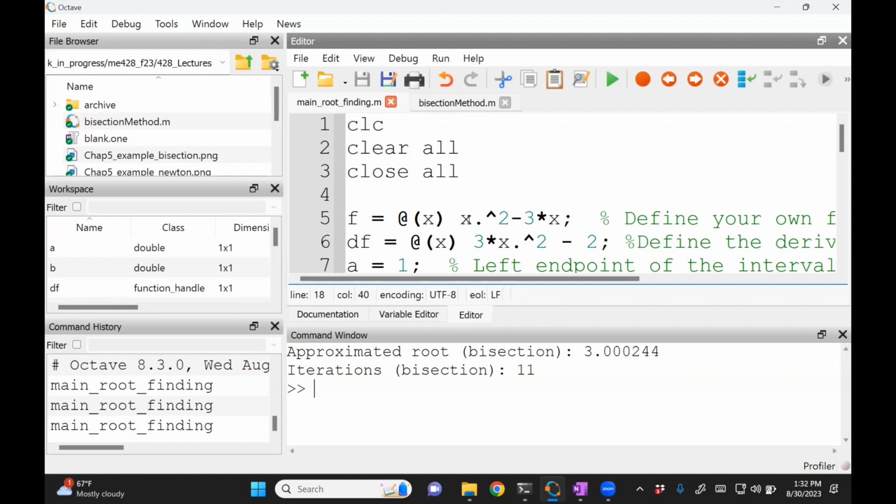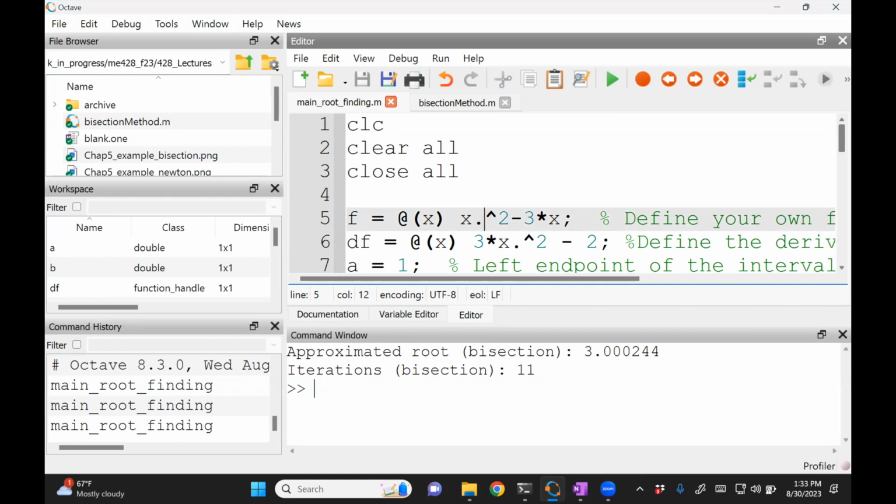The dot basically allows you to multiply an array with another array, so if x was an array, you can multiply element-wise. The only reason I put this dot here was because I was trying to get a plot. If I don't have a plot, I don't really need it.